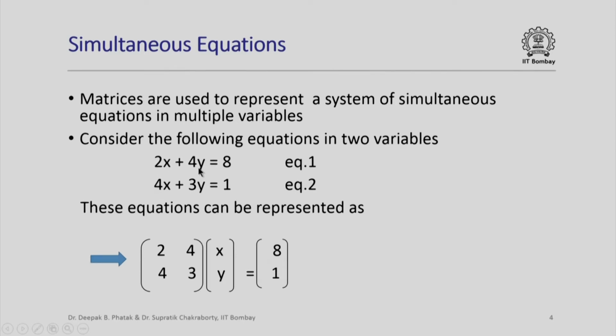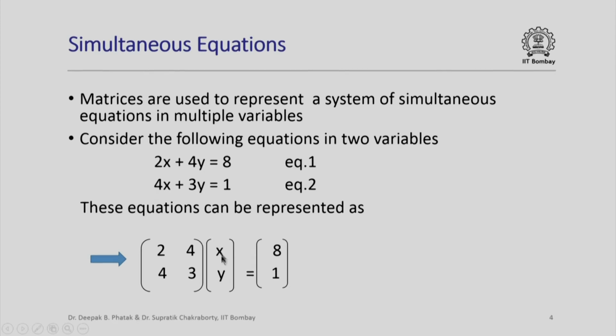To begin with, we look at how we can represent these two equations by using a matrix. Suppose we choose to put the coefficients of x and y in both these equations in a matrix in this fashion. The first row represents the coefficients of x and y in the first equation, second row represents the coefficients in the second equation.